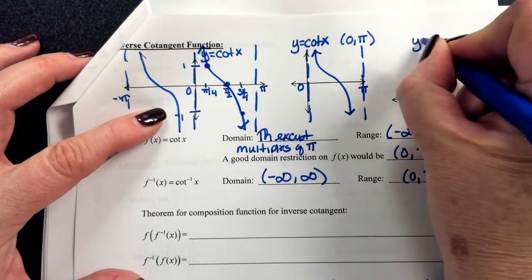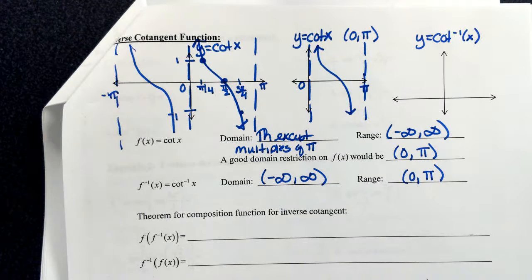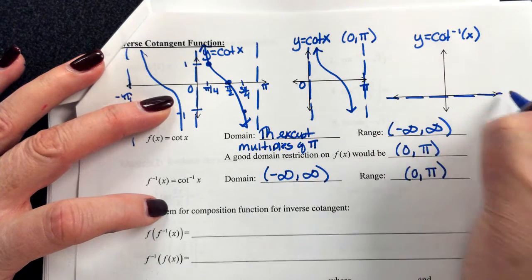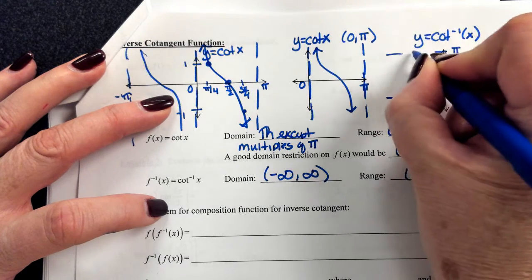So when we look at the graph of inverse cotangent, instead of having vertical asymptotes, what kind of asymptotes are we going to have on the inverse? We're going to have horizontal. So we're going to have a horizontal asymptote at y equals 0 and y equals pi.